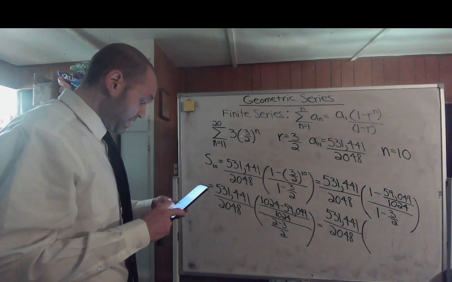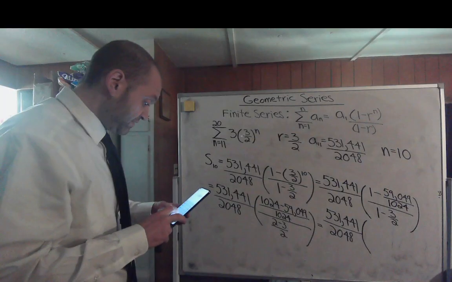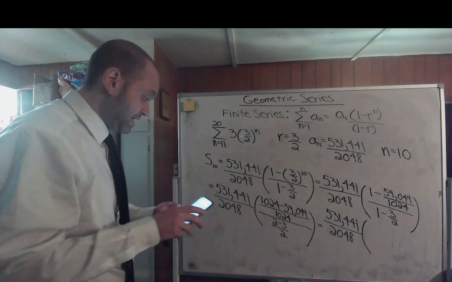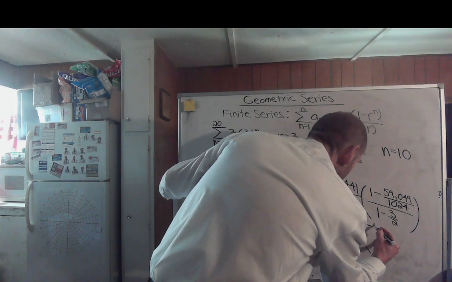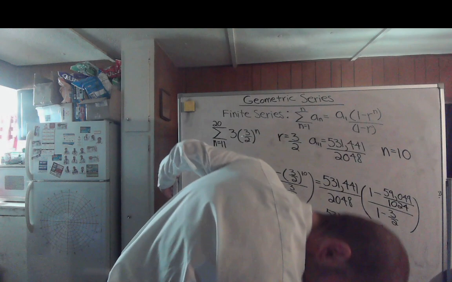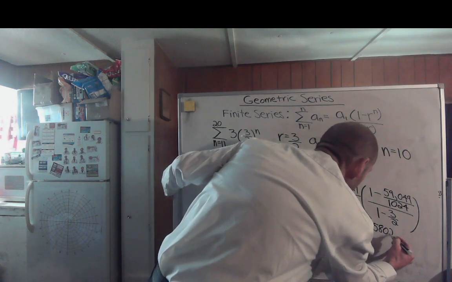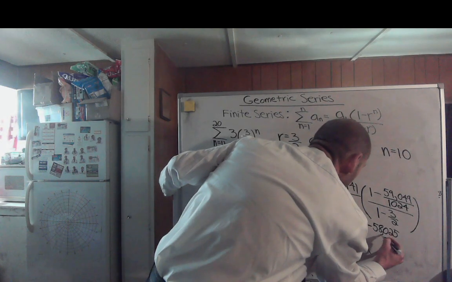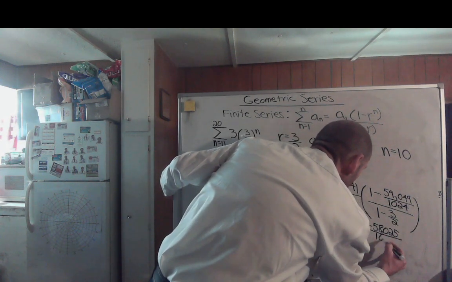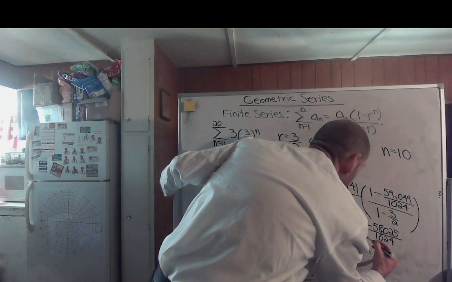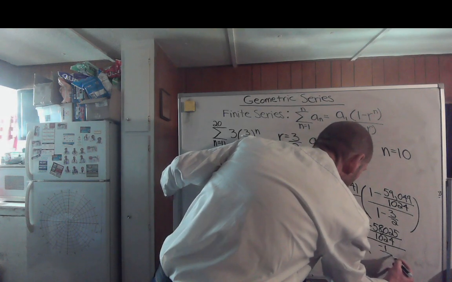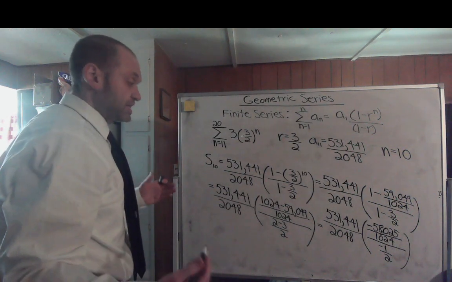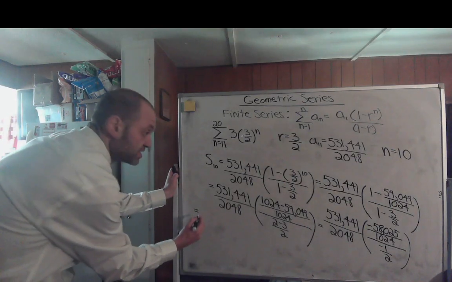All right, so 1,024 minus 59,049 gives us negative 58,025 over 1,024, all over negative 1 halves. We have a complex fraction, so we need to simplify that.